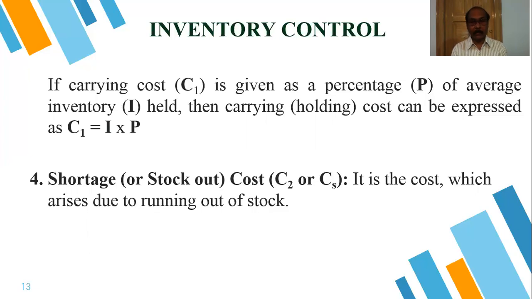If it is not delivered within that date, goodwill and loss are involved. If this repeats, the customer leaves that company and moves to another company. That's why they lose goodwill, and at the same time they lose profit.